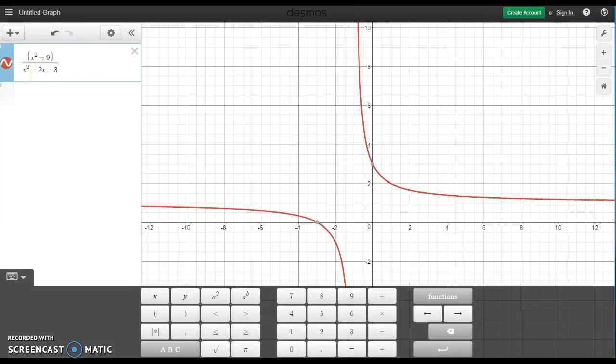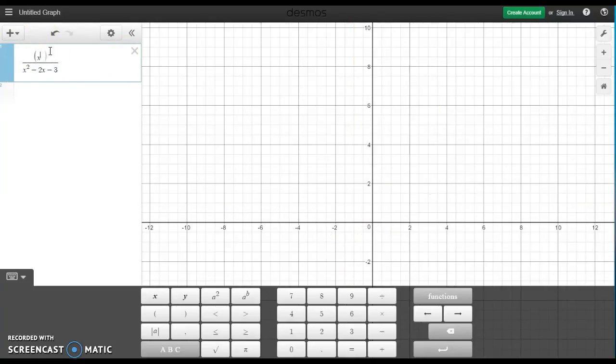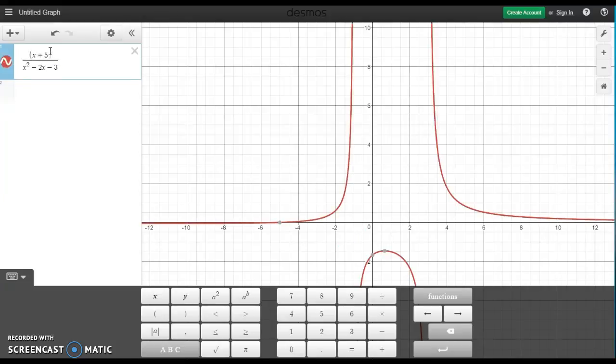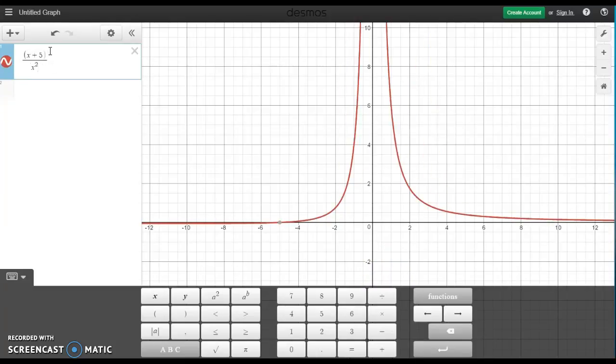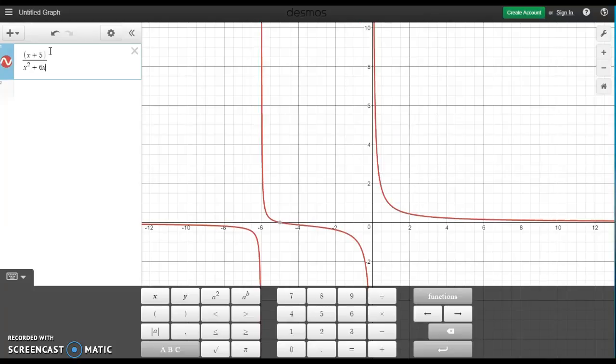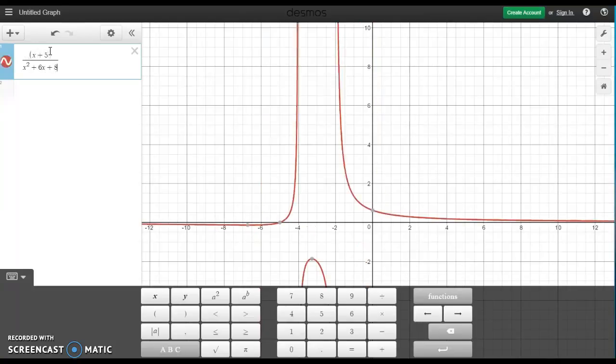All right, so going on to number 12 real quick. Actually, I'll just type it there. It's x plus 5 over x squared plus 6x plus 8.